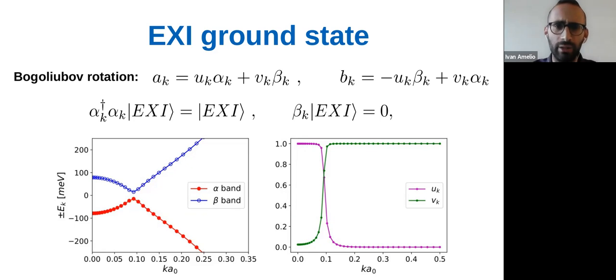So BCS theory here is implemented in this way. We do a Bogoliubov transformation, rotating the original fermionic operators to get quasi-particle operators alpha and beta. We say that the ground state is the vacuum of the beta quasi-particles and the filled state of alpha quasi-particles.